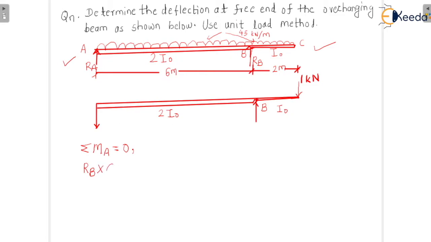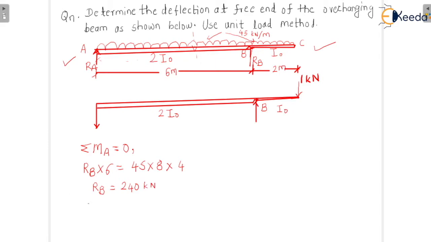Rb into 6 is equal to 45 into 8, since it is all over the span, and it will act in the middle of the span. Middle means at 4 meter, so this distance we'll consider as 4 meter, so into 4. With this we get Rb. If we solve this equation, we get Rb equals 240 kilonewton.